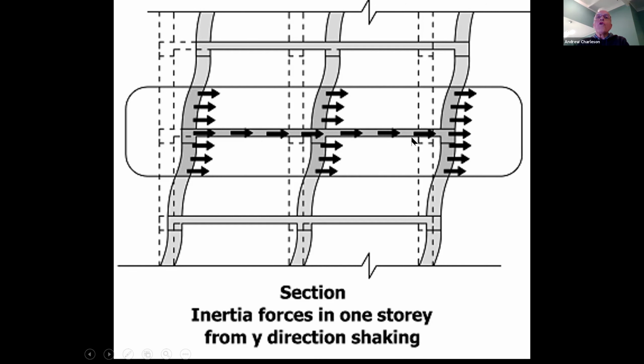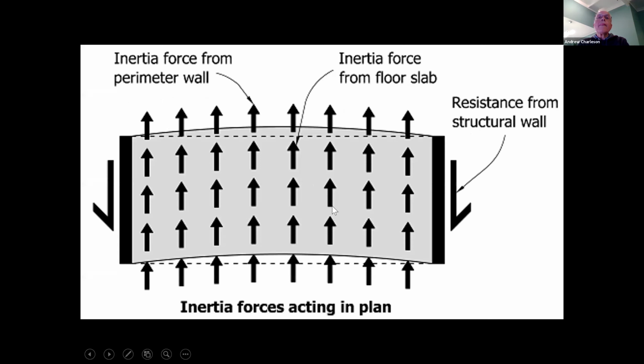Now, if we look at this floor in plan, we see this. Here are the two shear walls at each end. And here are all the inertia forces from the weight of the columns and beams, from the weight of the floor slab, causing these inertia forces. And so the inertia forces have to be transferred horizontally into the shear walls. Then our building is safe.